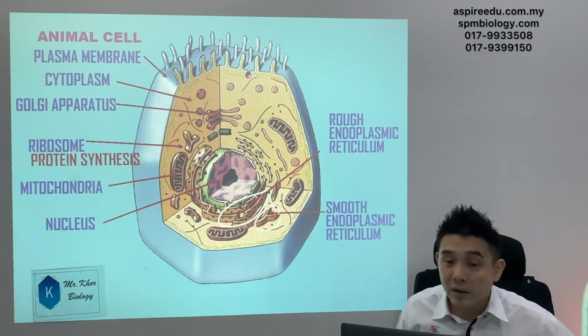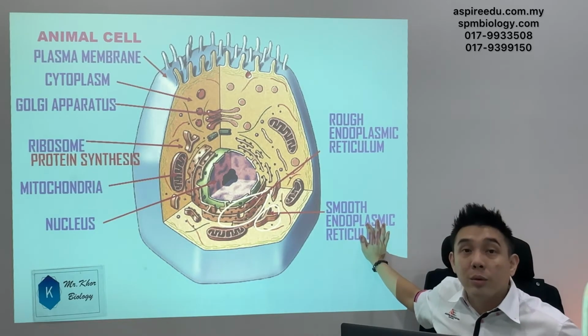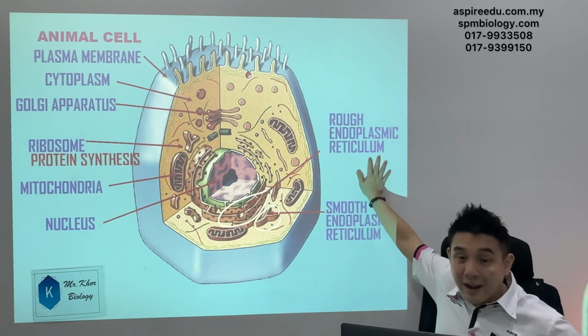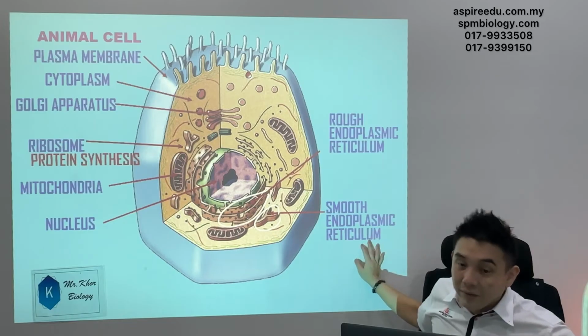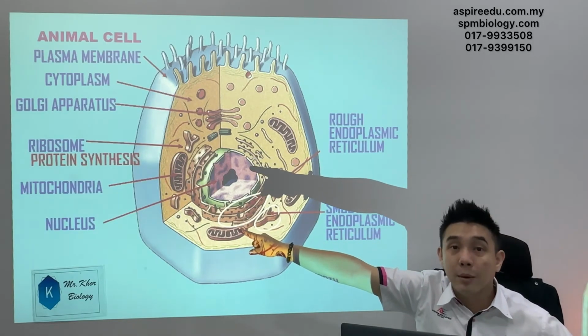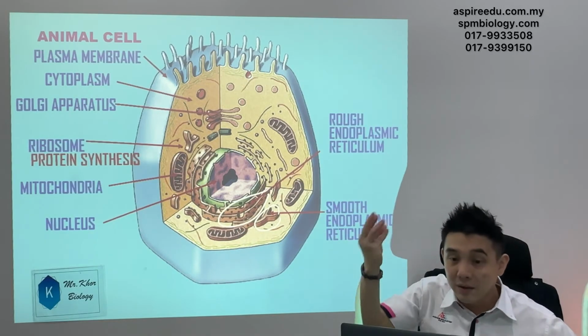Okay, thank you. Why doesn't smooth ER have ribosomes? Actually, the question should be why does rough ER have them. It's not why smooth doesn't have. It's why rough has. Guys, check. Tell me, what's the function of ribosome? Synthesize protein.